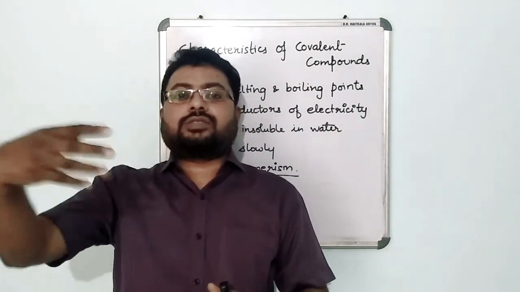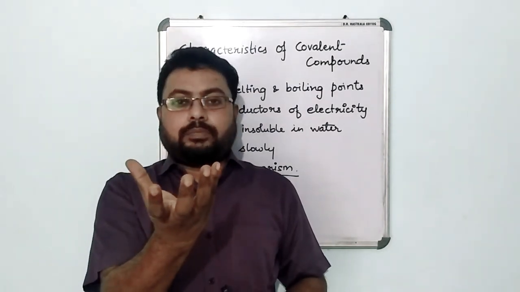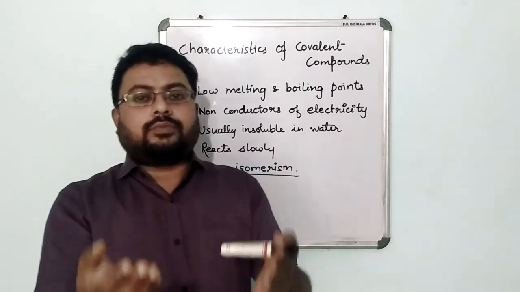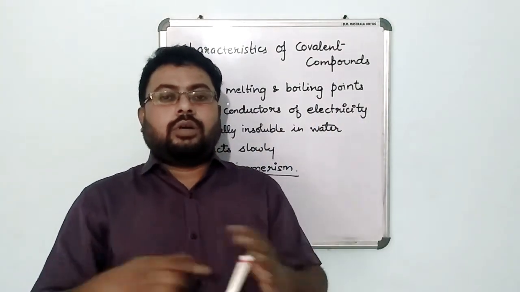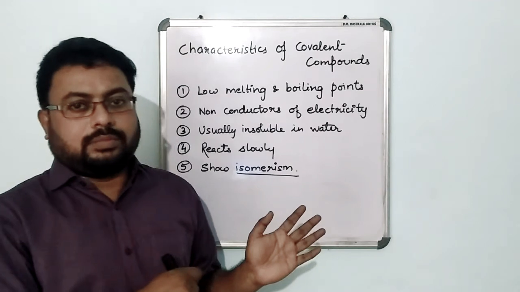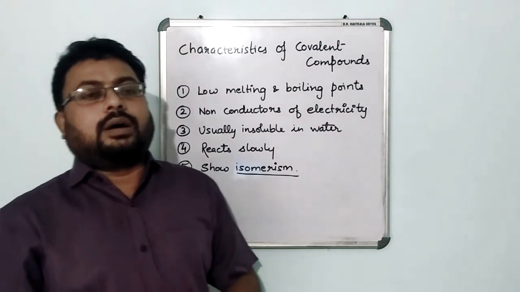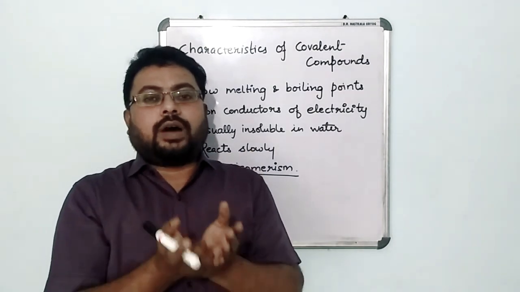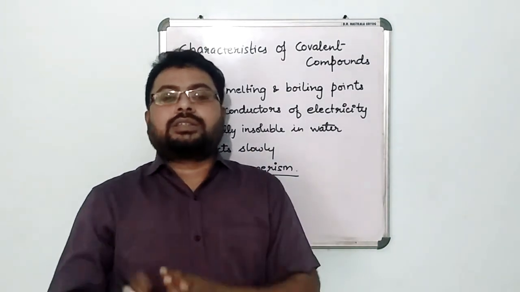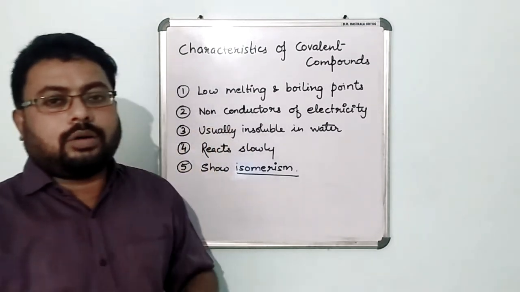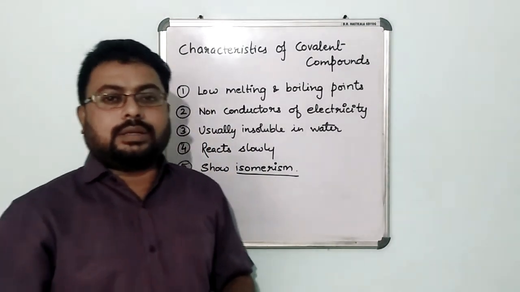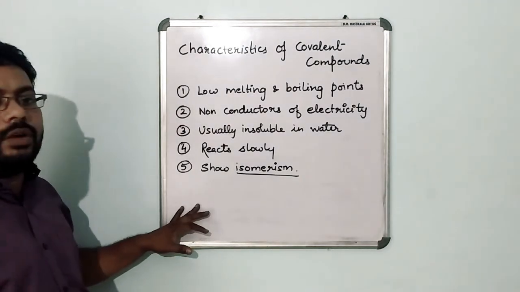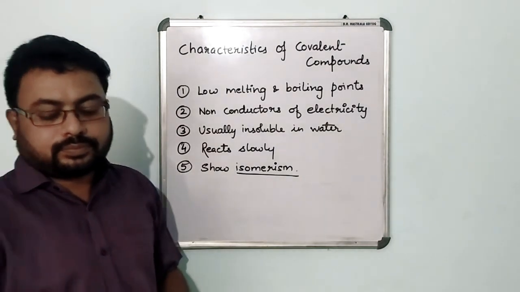So there can be different structures for one particular compound, and that is what we call isomerism. Isomerism is a property in which a compound has one molecular formula but different structural formulas. We will be talking about isomerism later in this chapter. So these are the characteristics of covalent compounds.